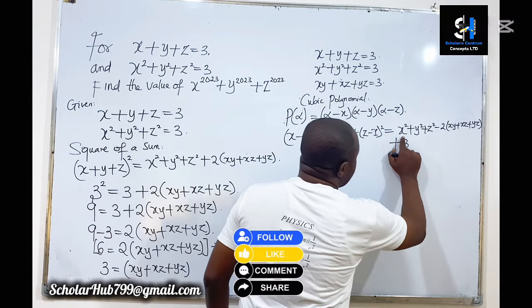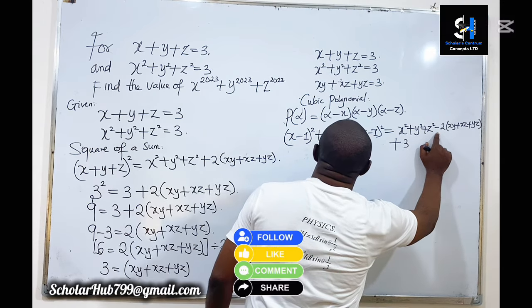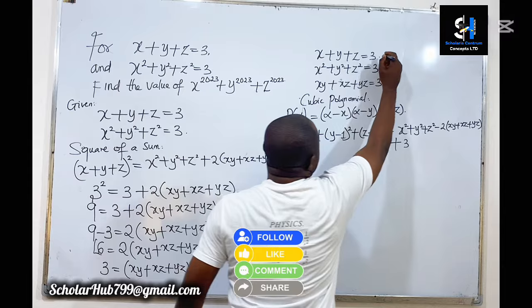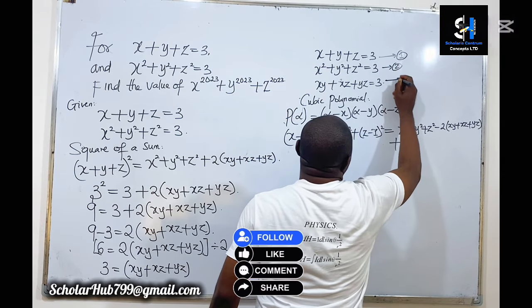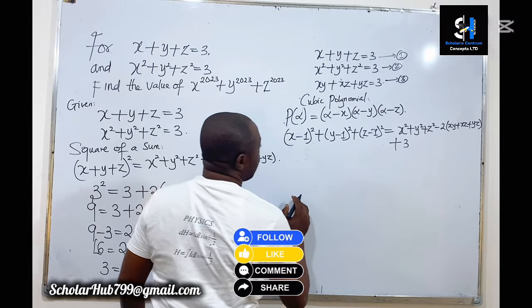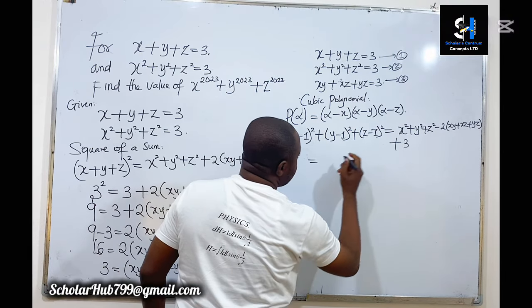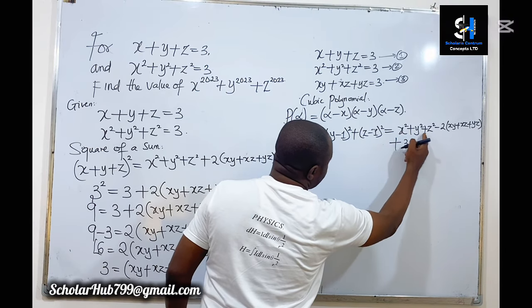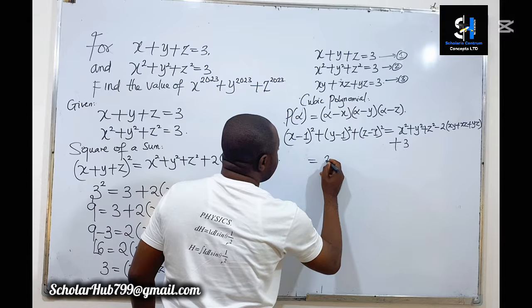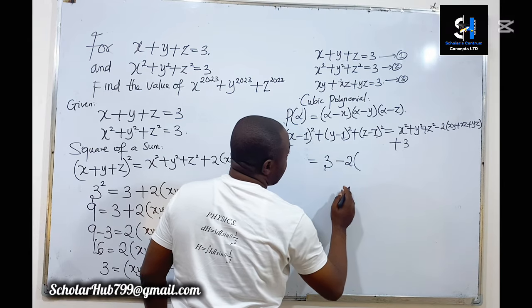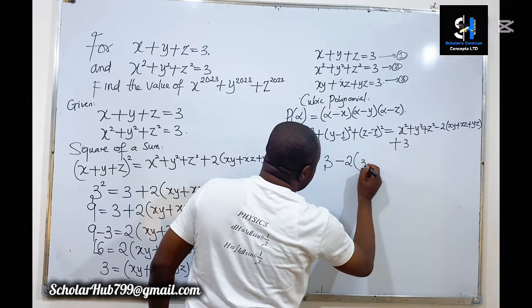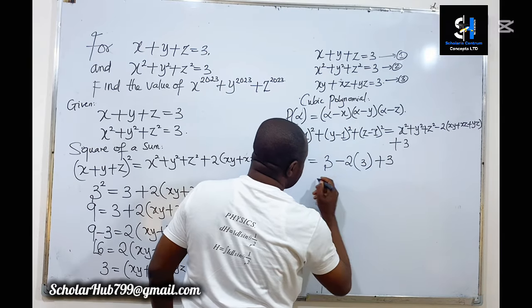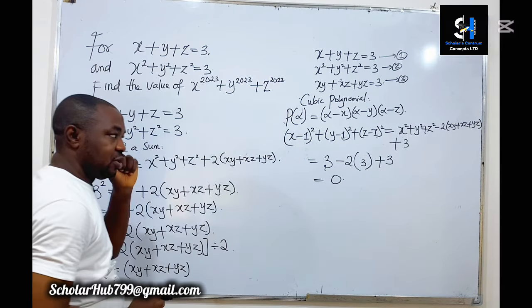We know already that x squared plus y squared plus z squared is 3. Let's not forget that this is the first equation, this is the second equation, while this is the third equation. So this will be 3 minus 2 times xy plus xz plus yz, which is also 3, then plus 3. This will equal 0.